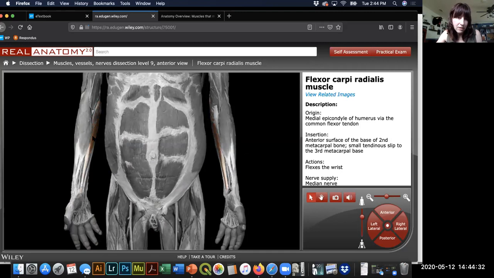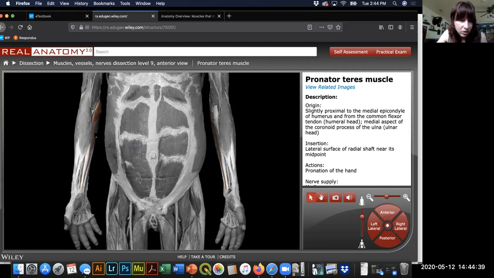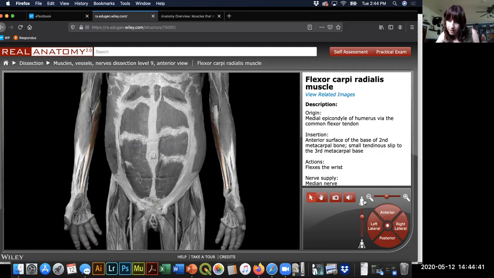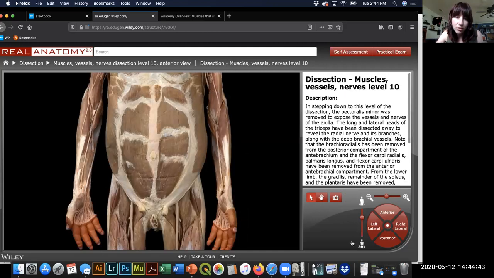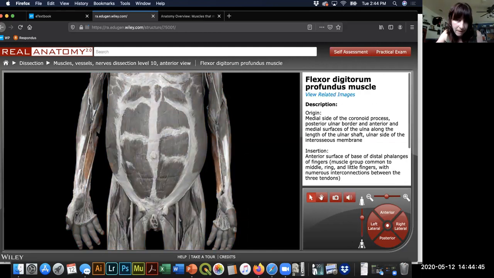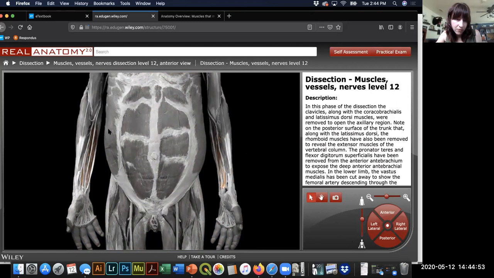Flexor carpi radialis. So the flexor carpi radialis on the front, on the anterior side, actually looks like it covers up the extensor radialis. Or what you can see of it from the front.